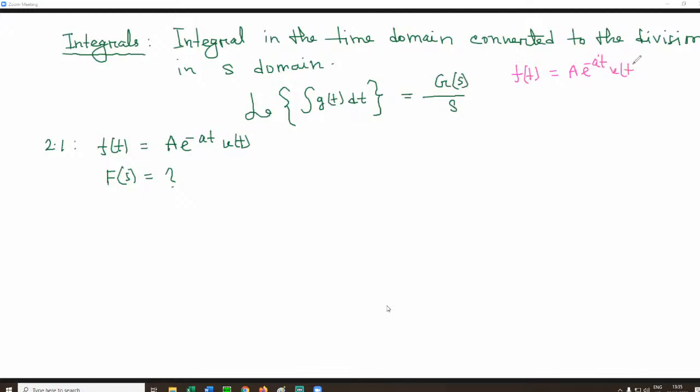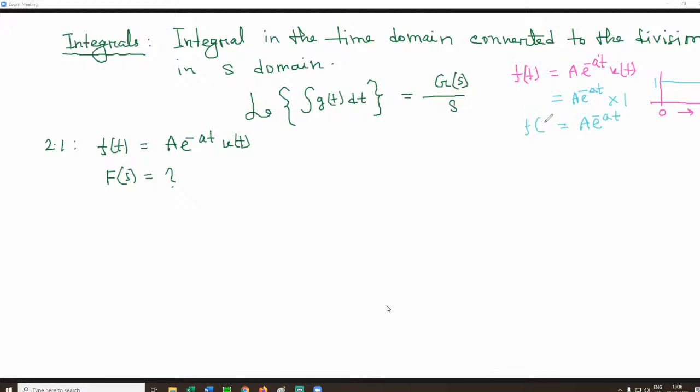Now, you know that u(t) is 1 from time 0 to infinity. It is the unit step function, so you can just multiply with 1. So f(t) is basically A e to the power minus at.